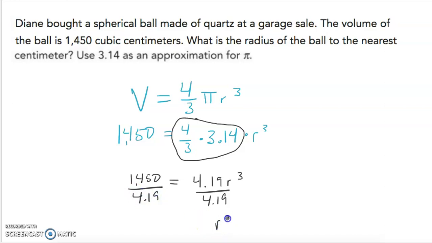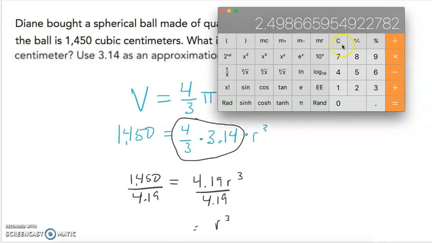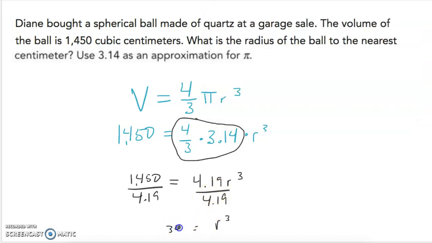We wind up with r cubed is equal to 1,450 divided by 4.19, which is 346.1, we'll say. I don't want to know what r cubed is, so we're going to find the cube root.